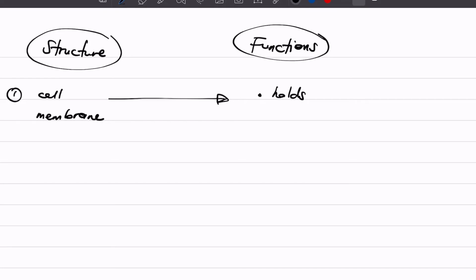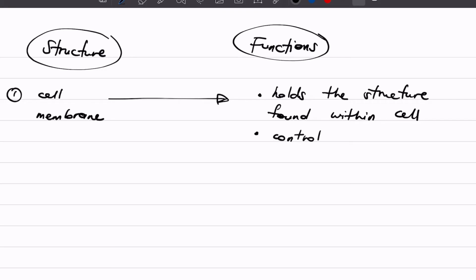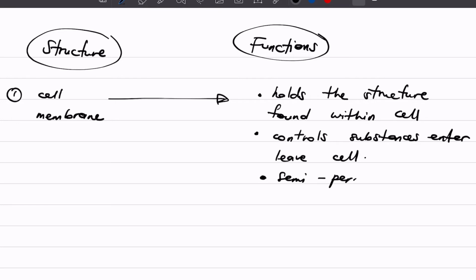So for the cell membrane, as you can see, it holds the structures which are found within the cell. It controls the substances that enter or leave the cell, and it is semi-permeable.